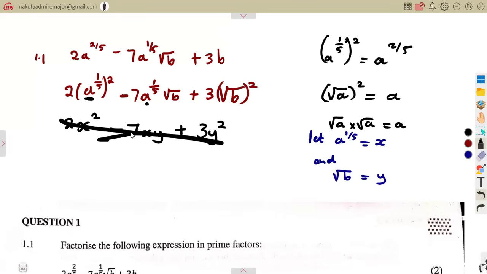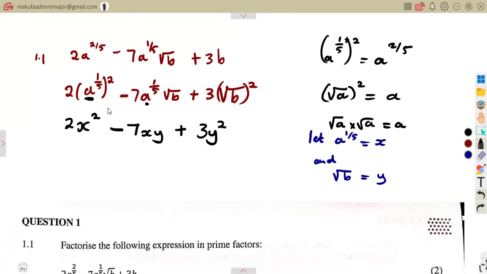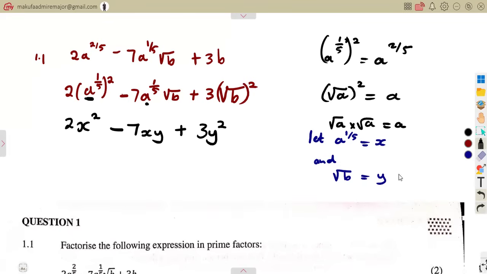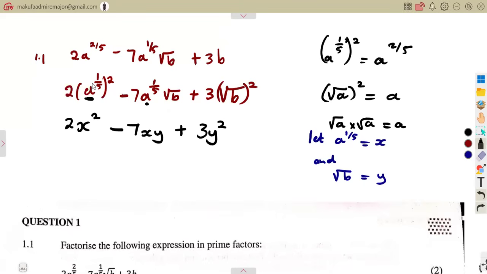Guys, so you tell me you're not used to this expression? No. These are expressions that you have been working with. All our normal factorization has been this. You're used to that, but look how they disguise it. They're trying to hide that from you, so you must be careful in the simplification.